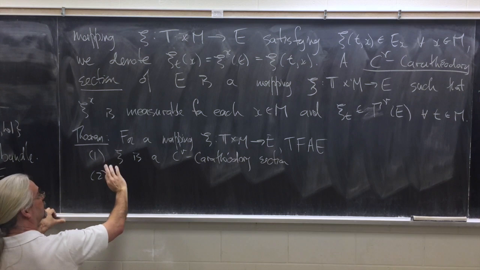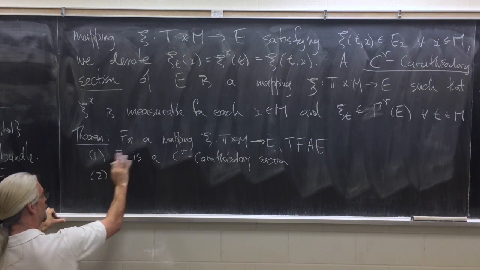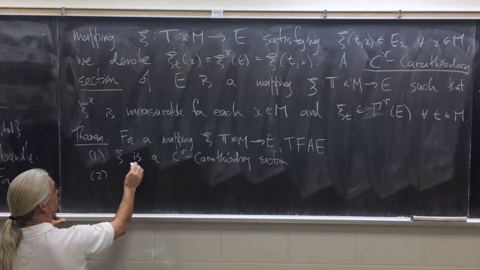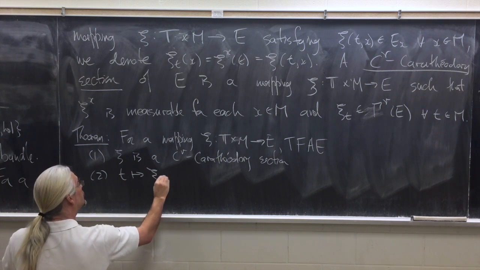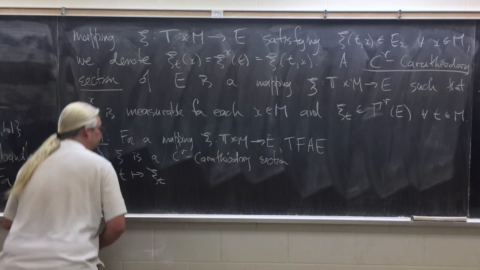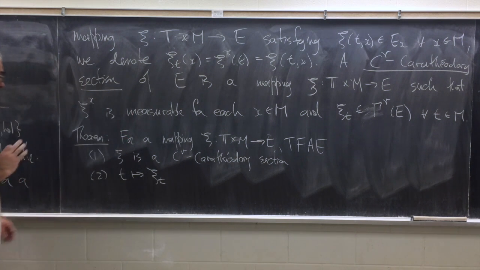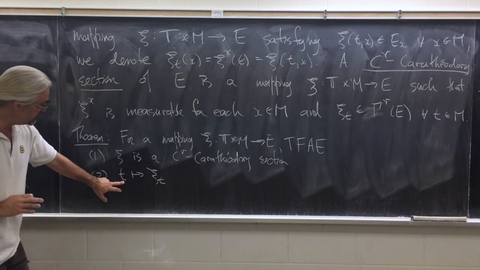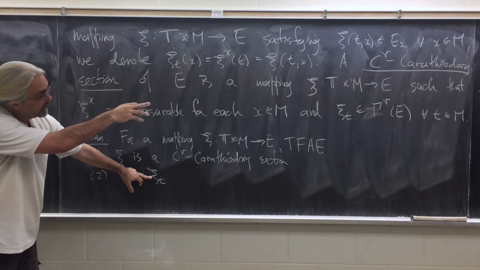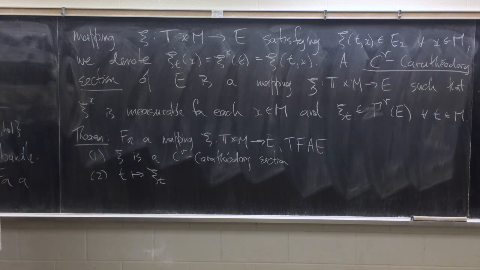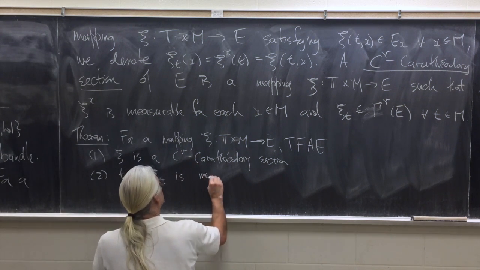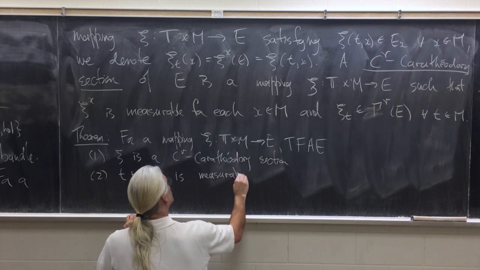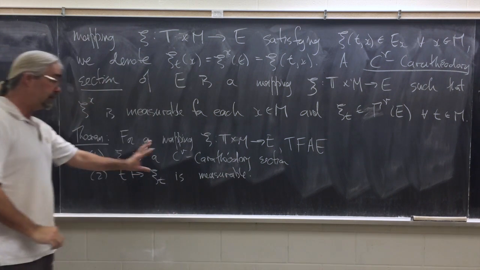For vector fields, we have two more, so I'll add those on. So here, it's that the mapping t goes to C sub t, which takes the time and gives you a C nu section, C sub t. So this mapping is measurable. This was the measurability that we talked about last time.